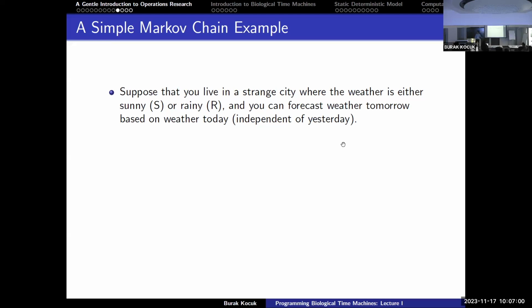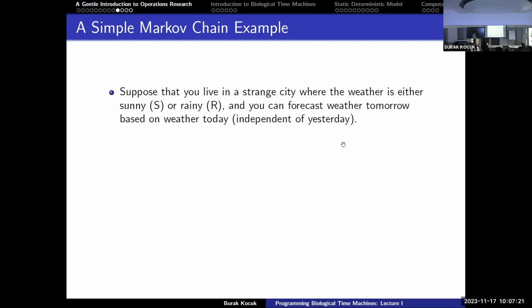So it's sunny or rainy. And it's strange in the sense that we can forecast the weather tomorrow based on the weather today, and you don't care about anything before it. Let's assume that this is our assumption.